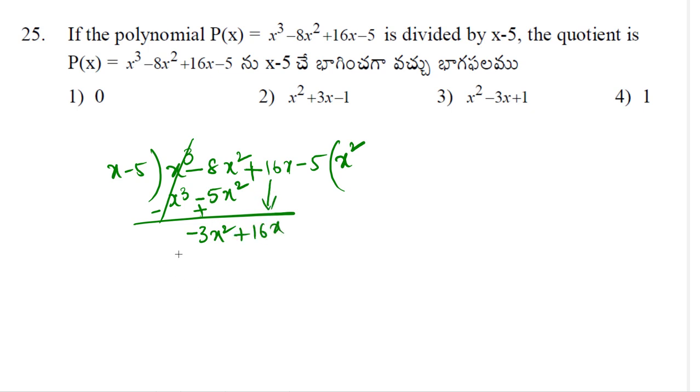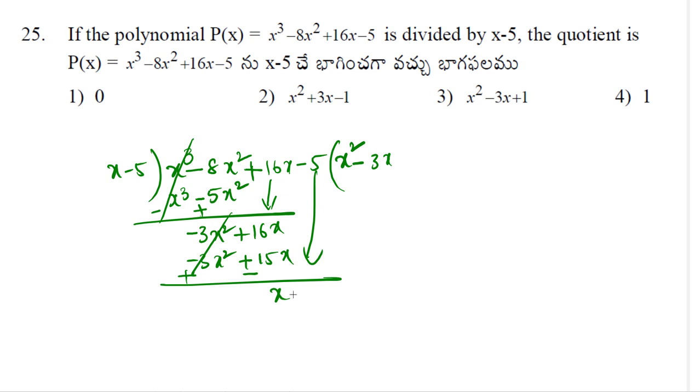This is minus 3x square and the first term here is x. So to get minus 3x square, let us take here minus 3x. So minus 3x into x, so minus 3x square. Then minus 3x into minus 5, that will be plus 15x. Subtract. Change the signs here. Minus 3x square plus 3x square gets cancelled. 16x minus 15x, that is x, so bring down next minus 5 here.